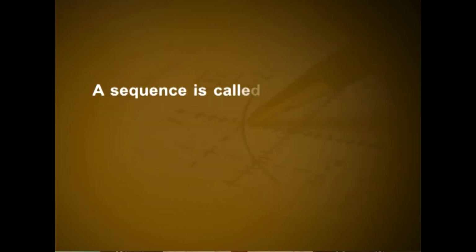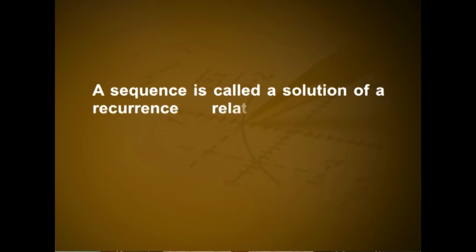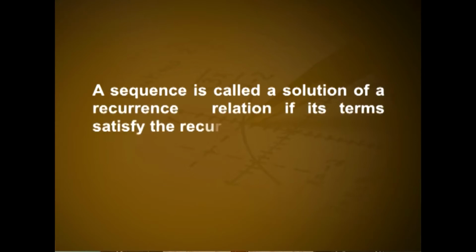A sequence is called a solution of a recurrence relation if its terms satisfy the recurrence relation. Example: in the recursive definition of the Fibonacci sequence, the recurrence is f_n = f_{n-1} + f_{n-2} with initial conditions f_0 = 0, f_1 = 1.